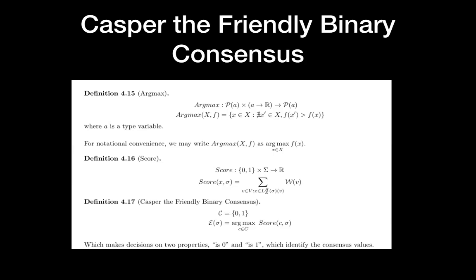We can see the score function, which is the sum of weights of validators that propose those consensus values. So we have 0, 1. We're going to sum up the weights of all the validators that said 0. And then we're going to sum up the weights of all the validators that said 1. And then we're going to choose the max one.